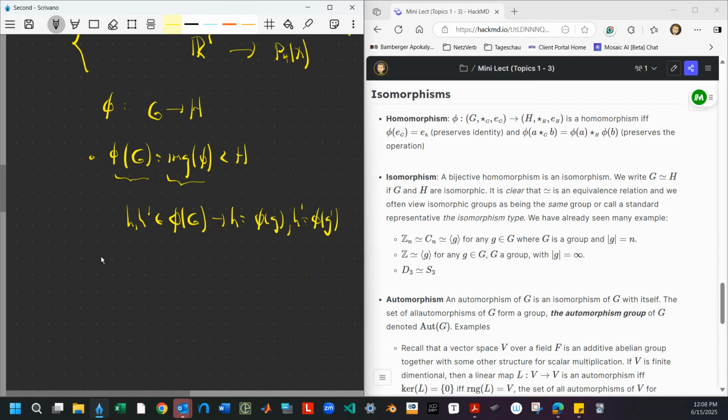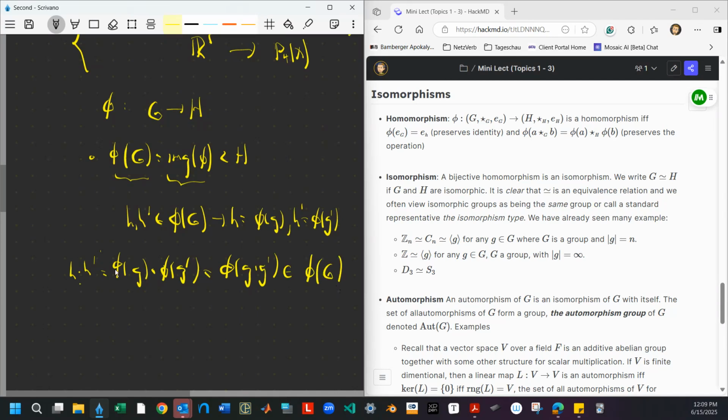Then what do I need to show? I need to show that h times h prime is inside of this thing. But I have that h times h prime, this is going on in H, is equal to phi of g times phi of g prime, which is equal to phi of g times g prime, where the product is going on in G. But this thing is an element of phi of G. That's all I need to show.